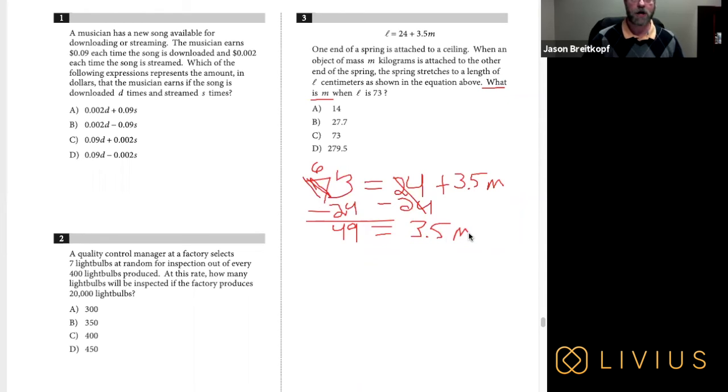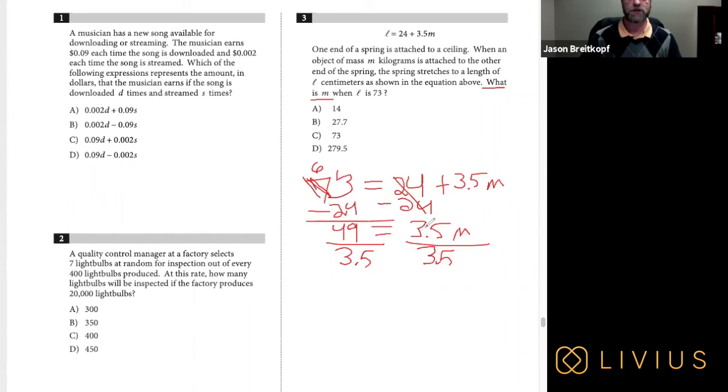Now, because we're dealing with decimals here, you probably want to use a calculator. You can do this without a calculator, but luckily this is section number 4, which is the section where you're allowed to use a calculator. Anytime you're encountering decimals or fractions, you probably want to use a calculator.